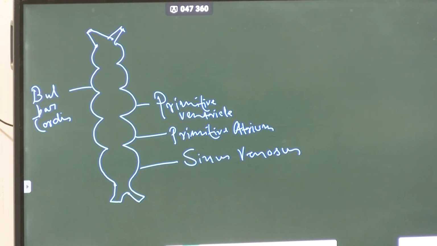Some cells from epiblast, which lies at the caudal region just by the lateral side of the primitive streak, migrate through the primitive streak and go to that area just below the pericardium. This is known as primary heart field.